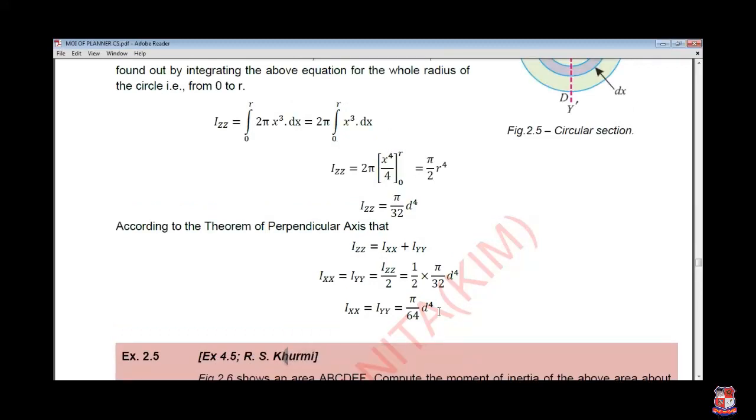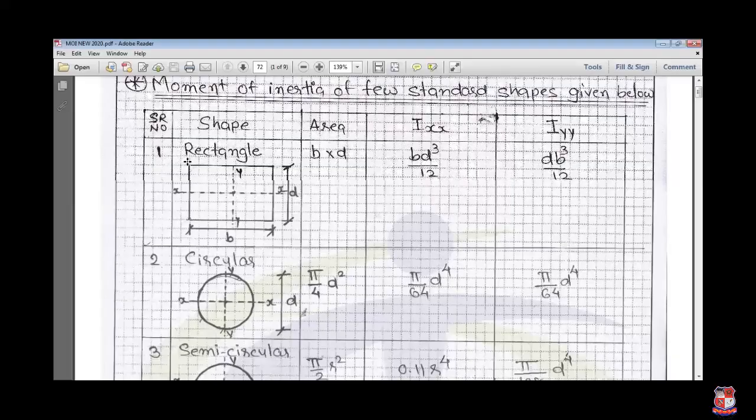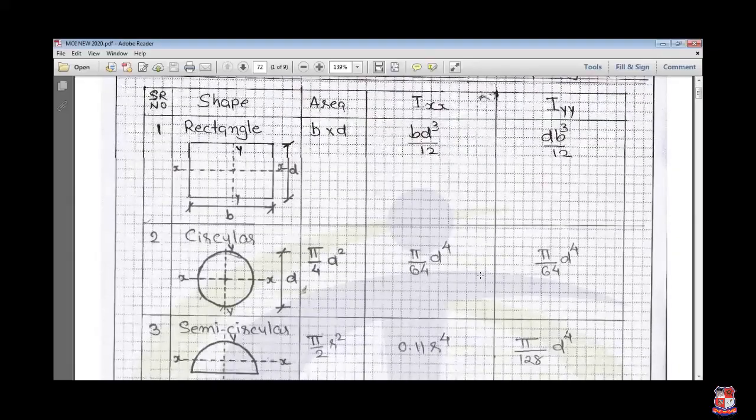So how do we find the moment of inertia of a planar cross-section area? Now you can see the formulas for a few standard shapes. First, the rectangle has area b d, I_xx equal to b d cube by 12, and I_yy equal to d b cube by 12.